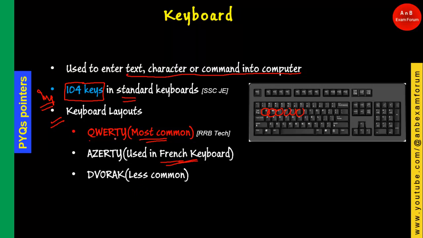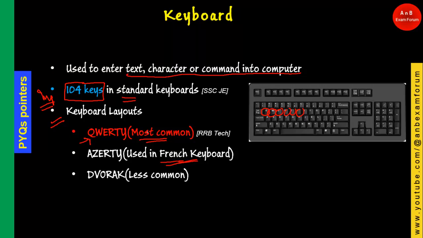But you can ask me, why QWERTY? It could be A, B, C, D, E, F, G. Some people say that they put QWERTY in such a manner that it would be very difficult for a very common person, and it should be purely related to some technical person.